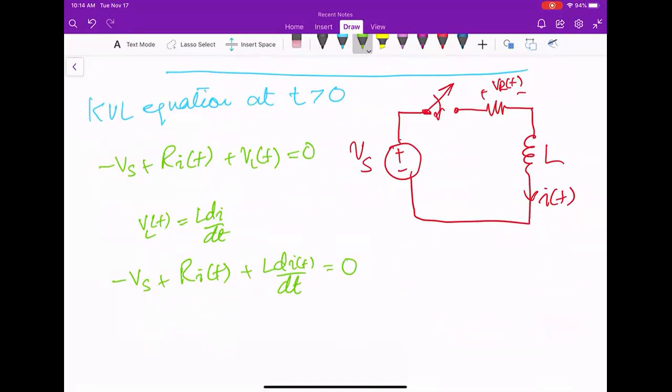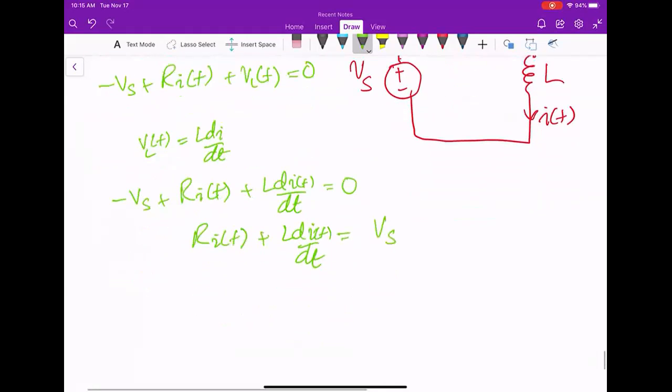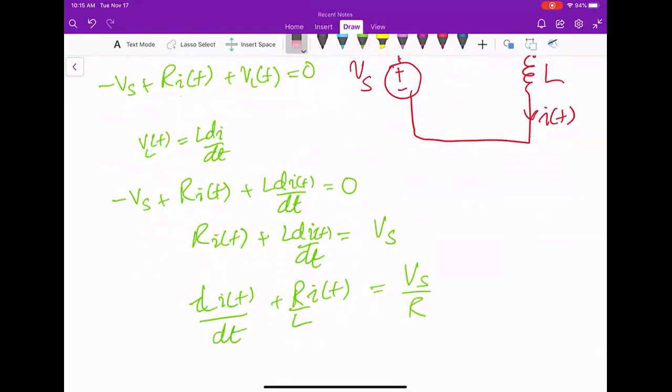So if you write this thing here, and now you will again form it in this form. Right?